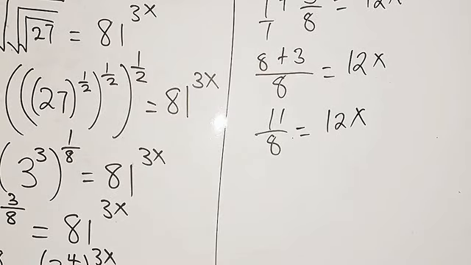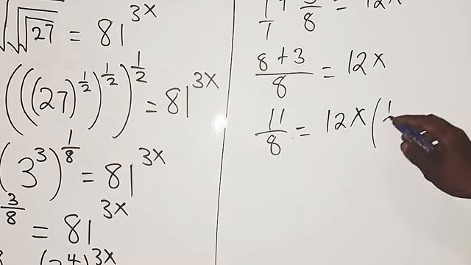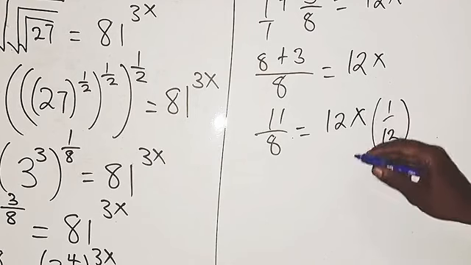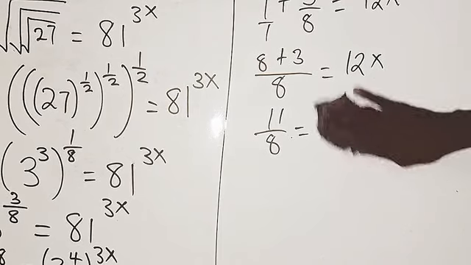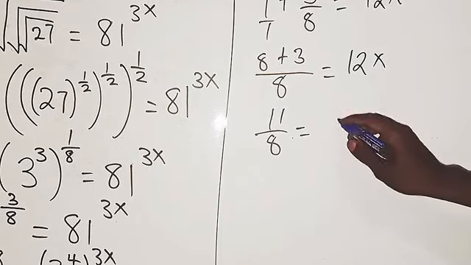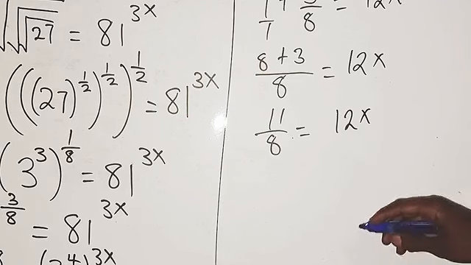So now what are we going to do? If we multiply both sides by 1 over 12, this is x, right? Or I should write it this way so that it won't look like multiplication. So I have 12x.